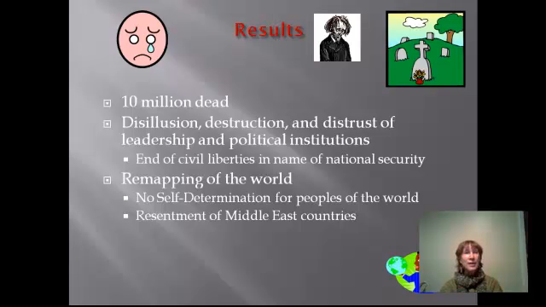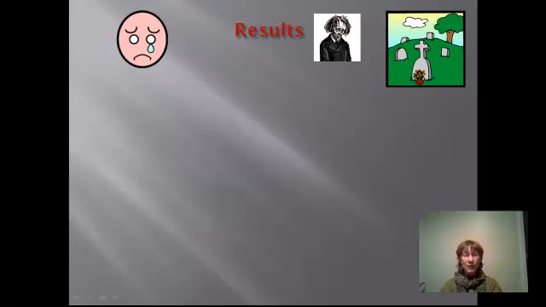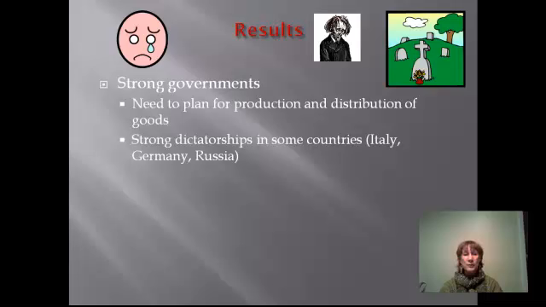And certainly there was absolutely no self-determination for anyone, either in Europe or in the Middle East. So all the people of what had been the Ottoman Empire were really angry at the result of the war.